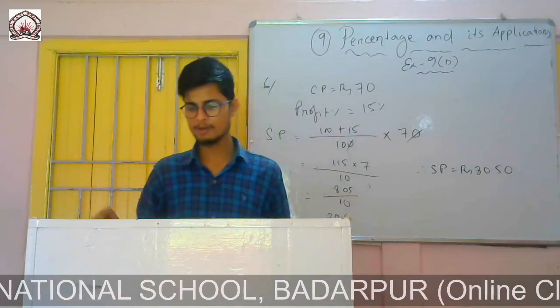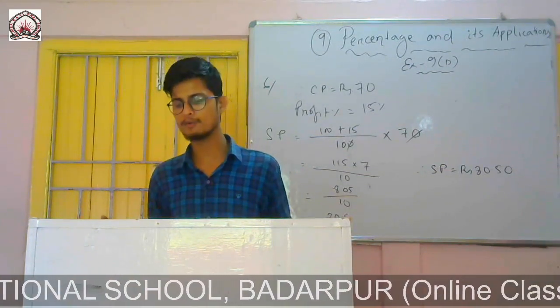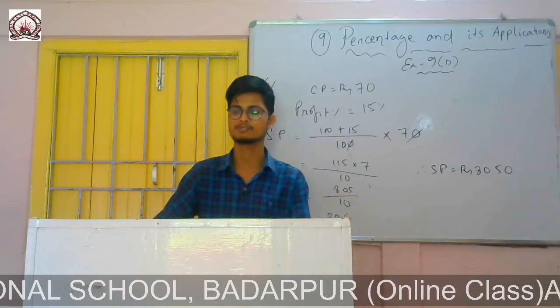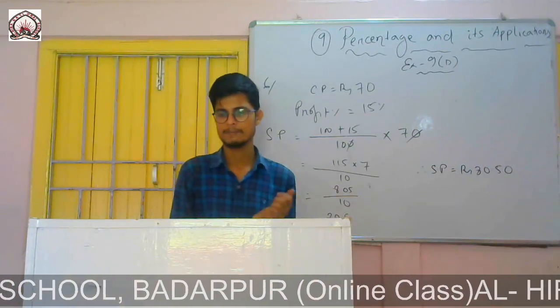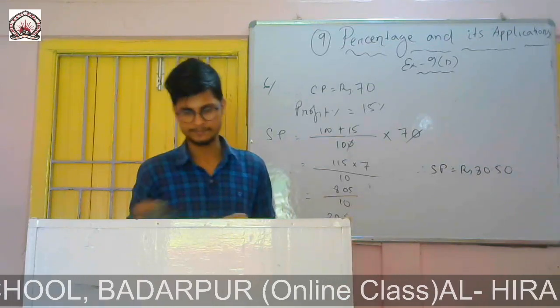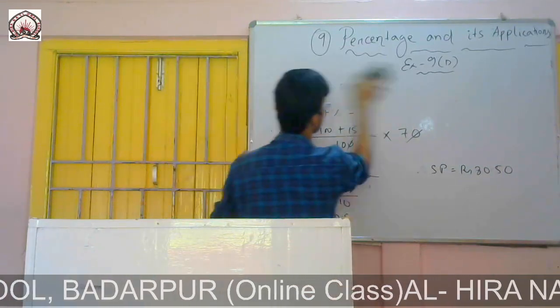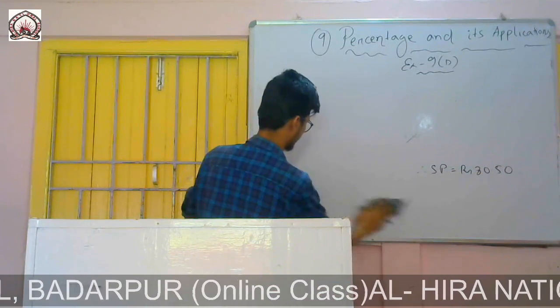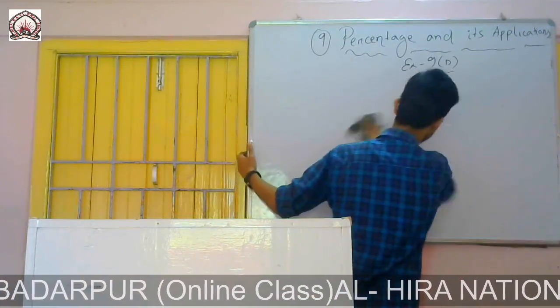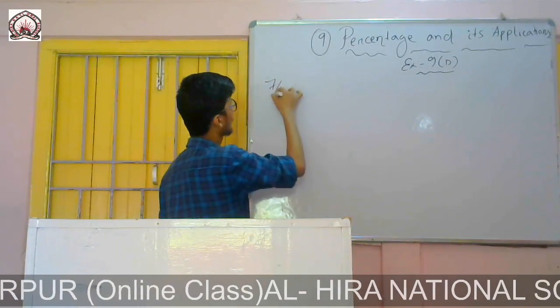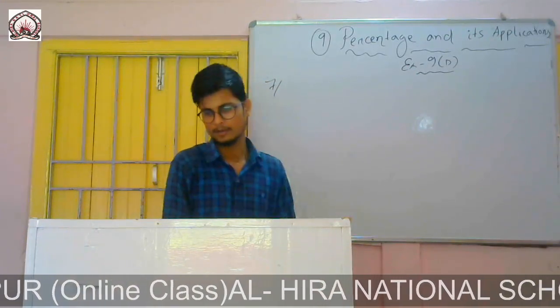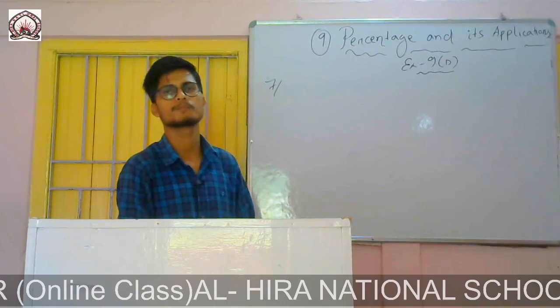If the CP of 6 articles is equal to the SP of 4 articles, find the gain percent. This is a very important sum. You will get the same sum in class 8 also. So be attentive. Here we let the CP be rupees 1.